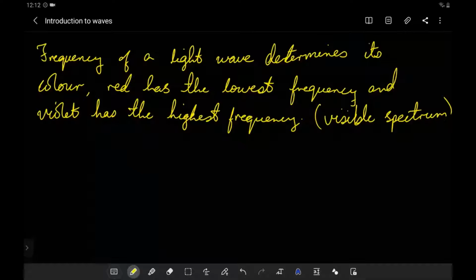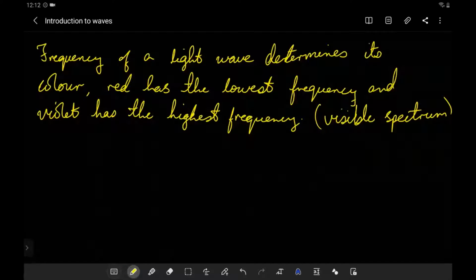So we want to discuss what a wavefront is now. Can anybody define what a wavefront is for me? A perpendicular line on a wave that is in phase.